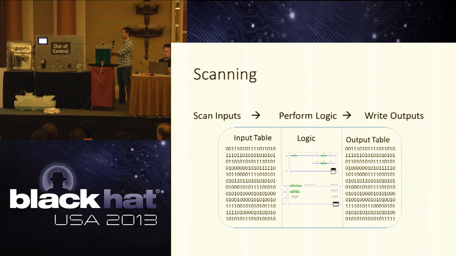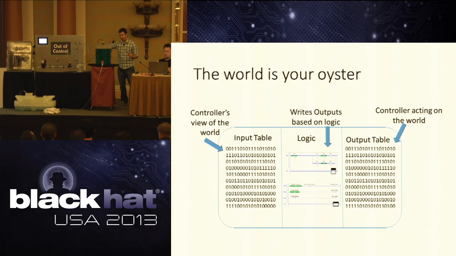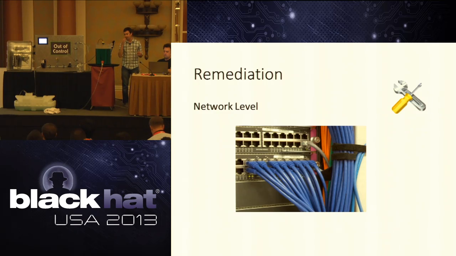And then we have an output table. The output table is what actually drives the I/O cards that are on that controller itself. So all a PLC does is scan inputs, write those states into its input table, perform logic on those inputs, and then send those outputs to the output cards, and then actually send physical, electrical signals out to your instrumentation, and it does it over and over and over again. It does little else than that.